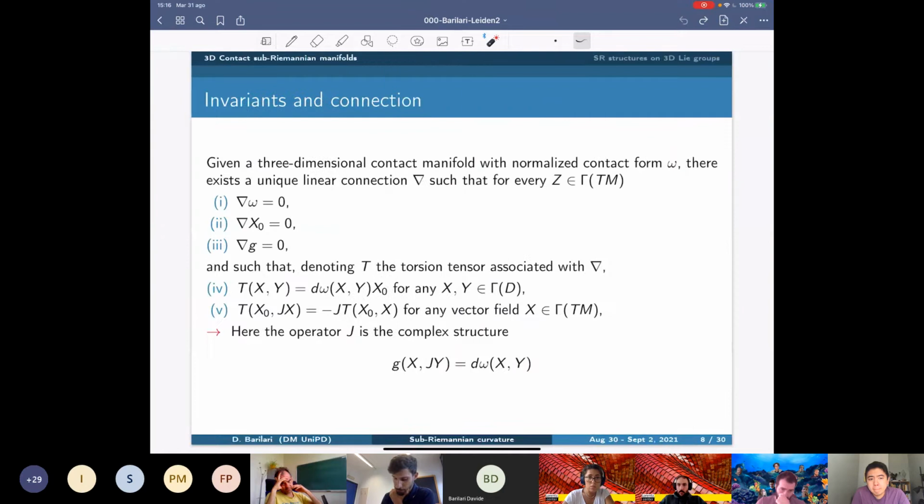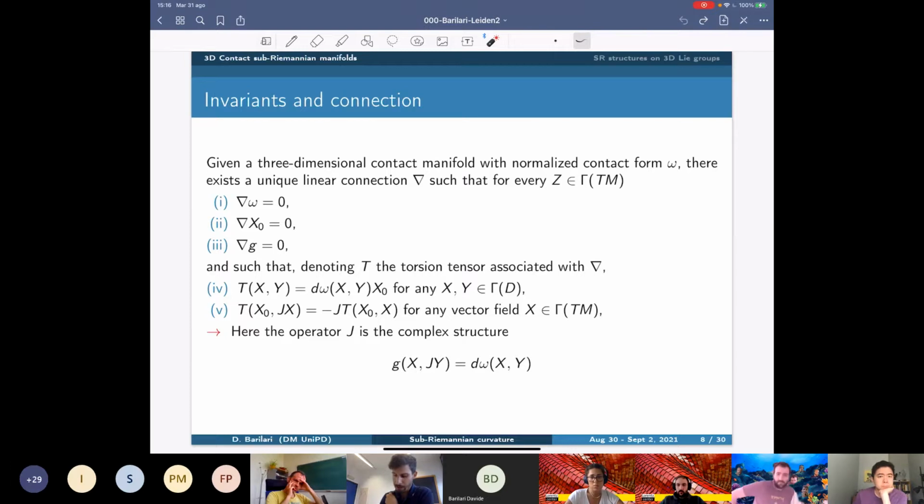But for those who would like another viewpoint on these invariants, what one can do also is to introduce a kind of linear connection that is naturally associated with this contact sub-Riemannian structure, sometimes called Tanaka connection, or Tanaka-Webster connection, or also Tanno connection in more general situations, or maybe other names, because in the literature there are also other names.